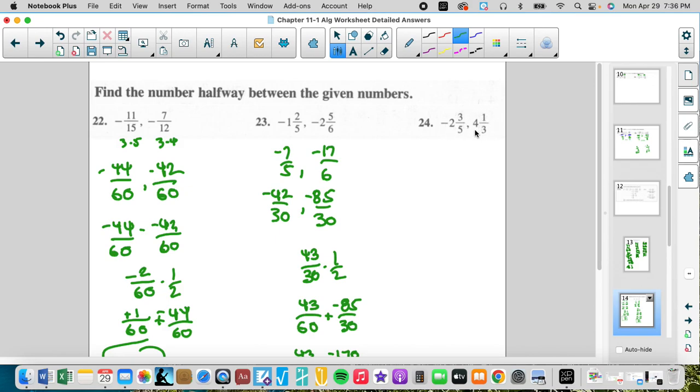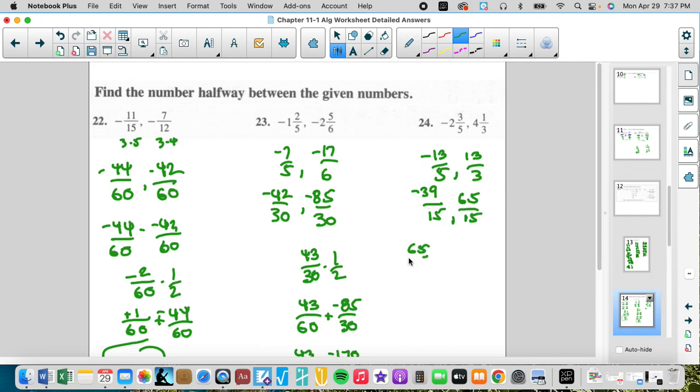Oh, goodness. Okay. So the distance between these, so that's negative 13/5. This is 13 thirds. And let's make them 15ths. And let's make that negative 39. Let's make that positive 65. Yep. Now we're going to subtract.